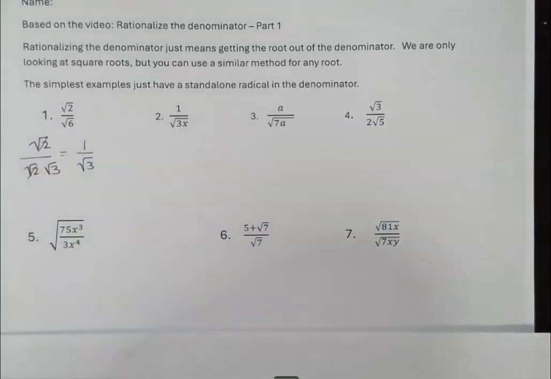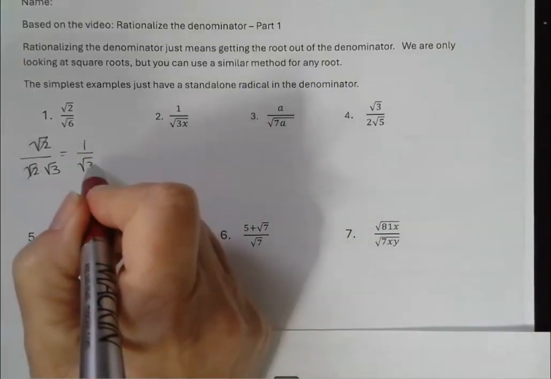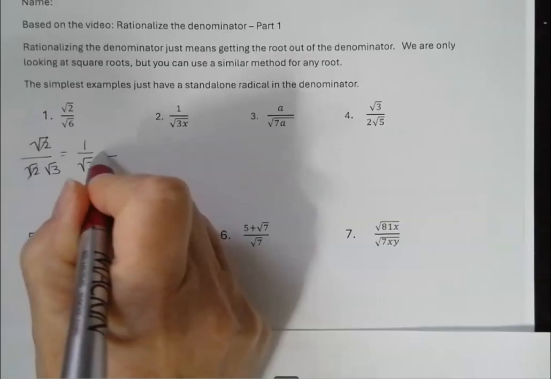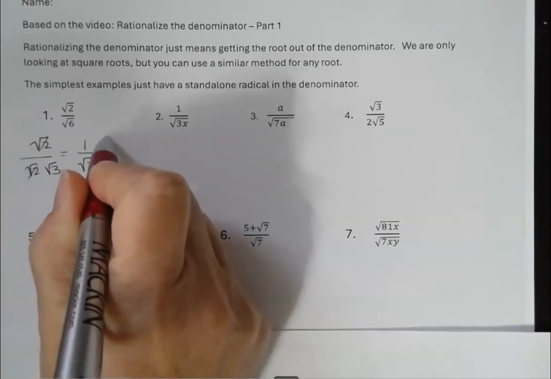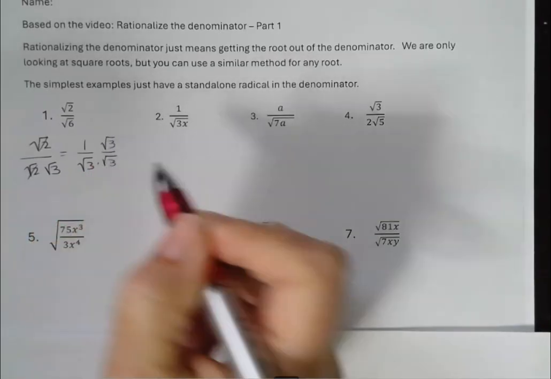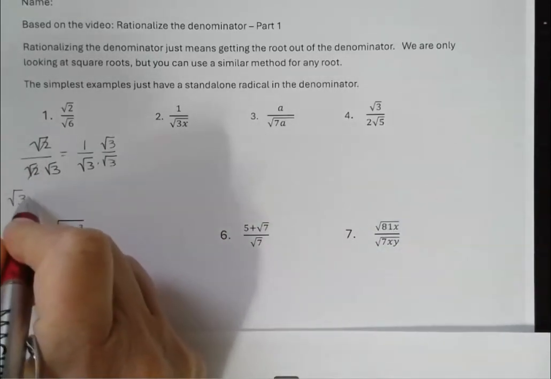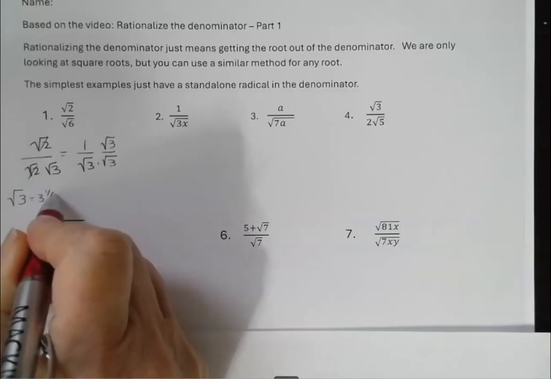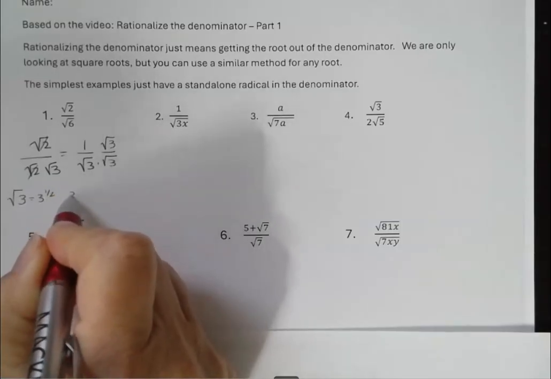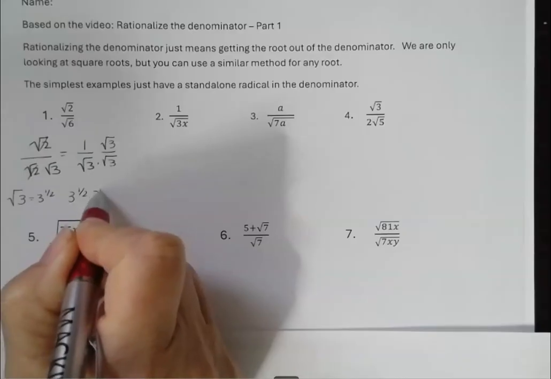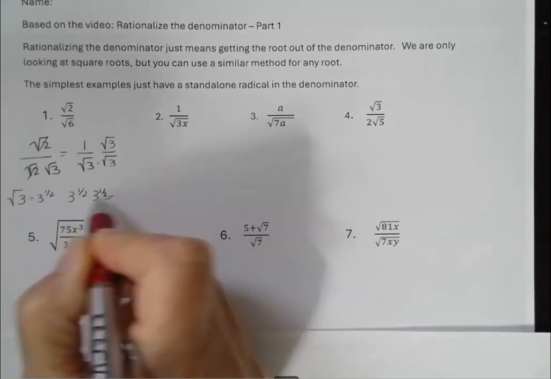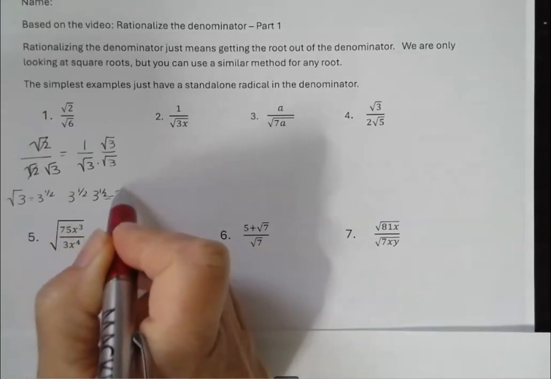And then the idea is that if you take a square root times itself, the radicals cancel each other out. I'll show you why that is just this once, and then we'll just accept it for the rest of the time. But really, the square root of 3 is 3 to the 1/2 power. So if you take 3 to the 1/2 times 3 to the 1/2, you add your powers together and you get 3 to the first power.